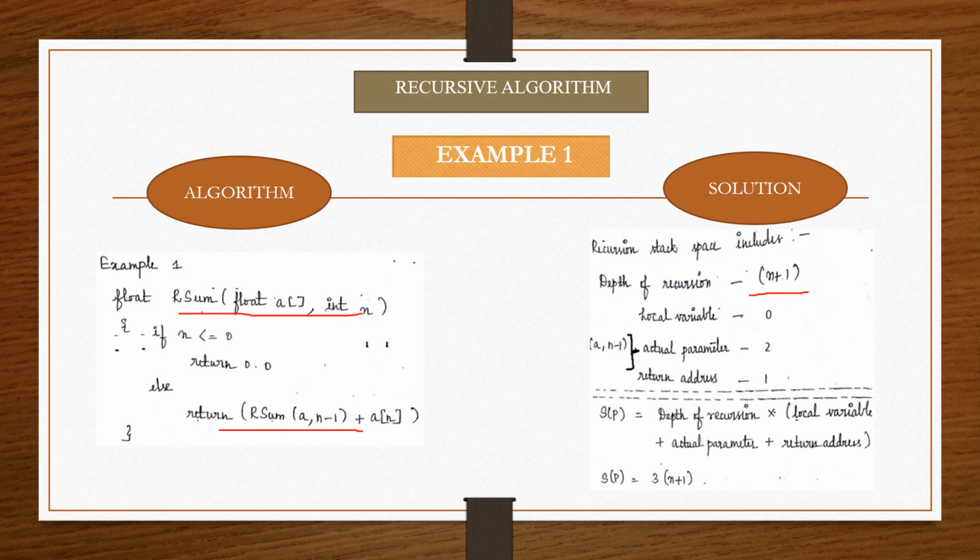The local variable here, there is nothing. The actual parameters, I have two. This is one actual parameter, this is another actual parameter. And the return address, I have one. So the space complexity is given by n plus 1 into 3. The summation of these will be 3 and the depth will be n plus 1. So n plus 1 into 3, so it is order of n.